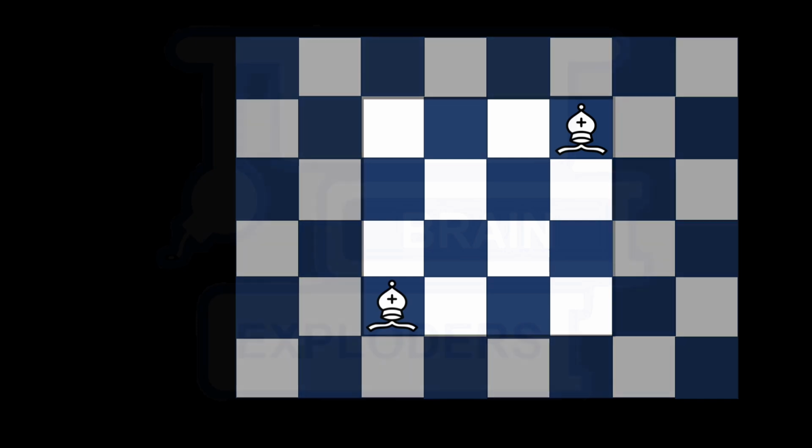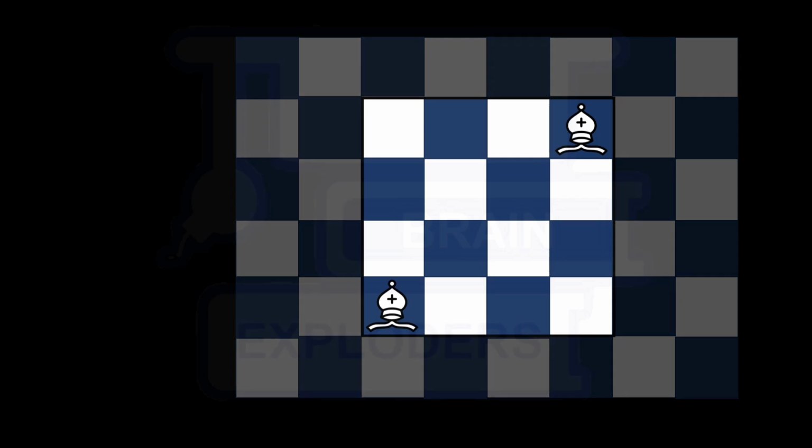Okay, now let us make a similar kind of observation as we had made in the case of knights, that when two bishops are attacking each other, they are on the ends of the diagonals of a square.